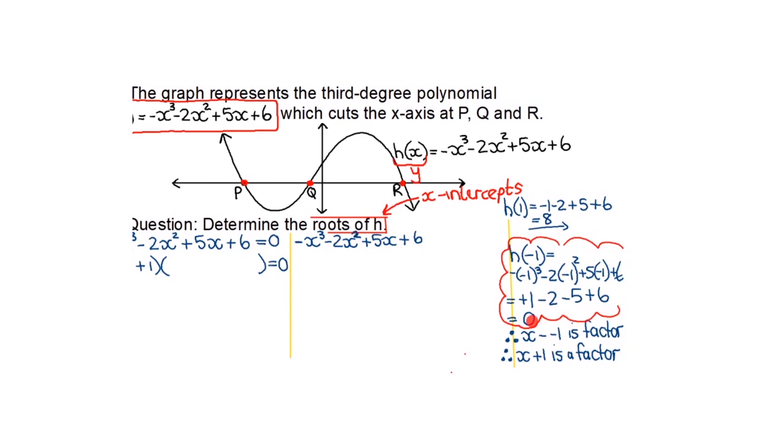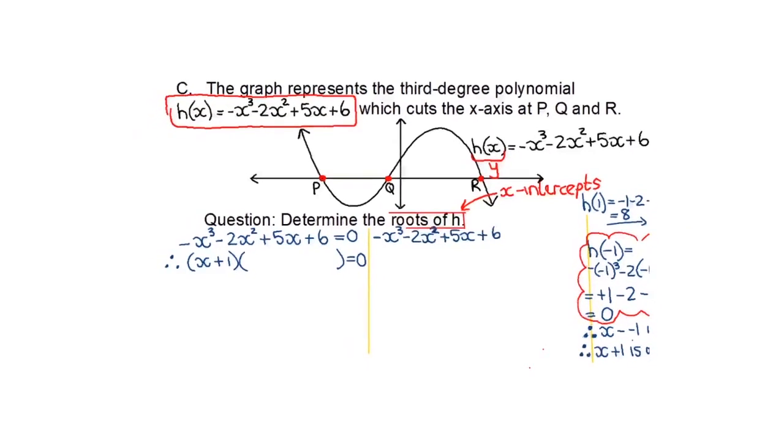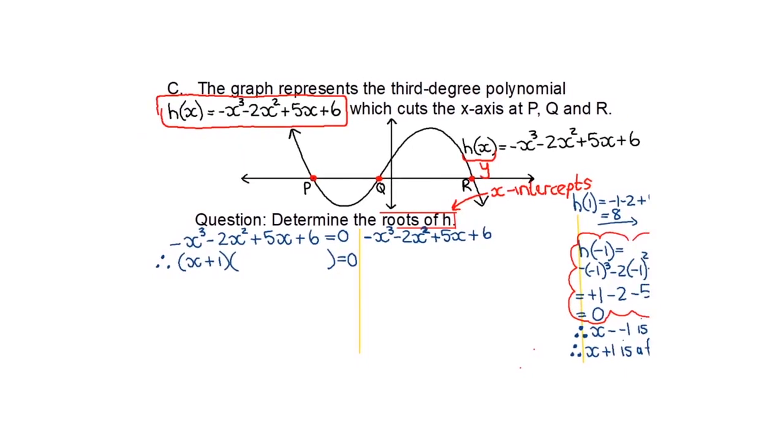If h of negative 1 is 0, it means x minus this value that I used, minus negative 1, is a factor, which means x plus 1 is a factor. So if x plus 1 is a factor, I can actually go back and say, I know one of the factors is x plus 1.